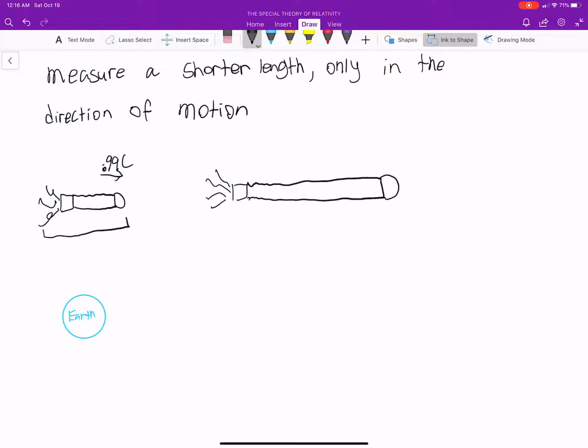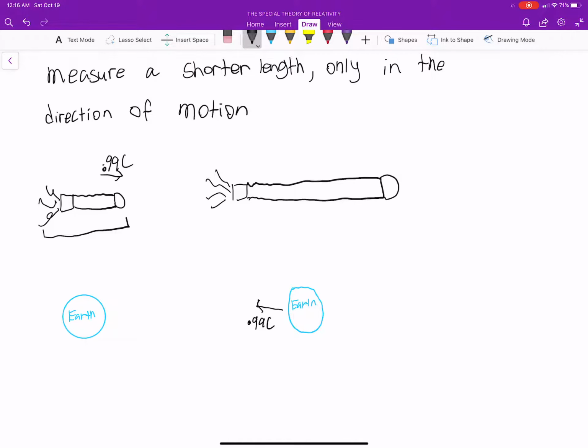And then Earth is kind of crunched up a little bit, squished a little bit. And from the rocket's perspective, this is going 99% of the speed of light that way.